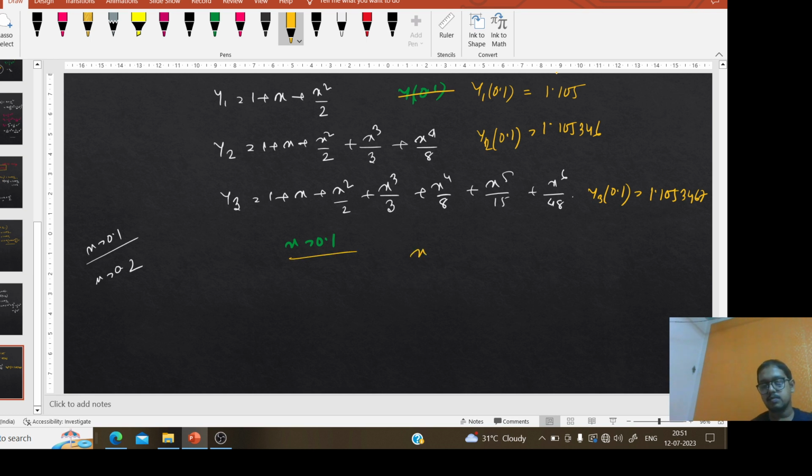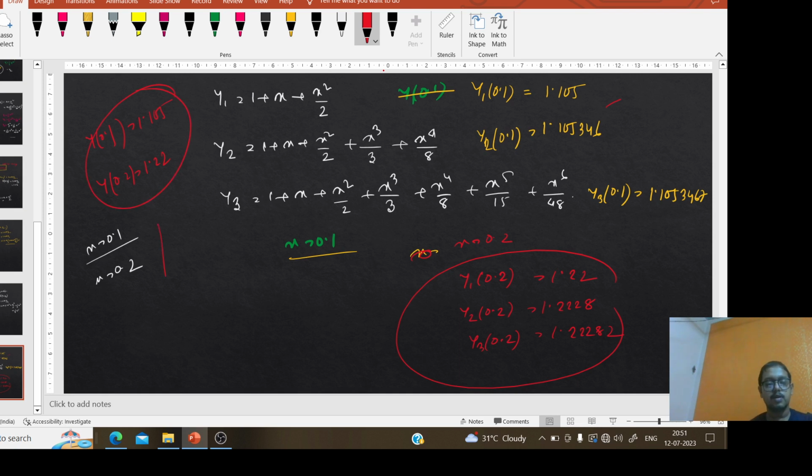At x is equal to 0.2, you will get y1 of 0.2 as 1.22, y2 of 0.2 is 1.2228, and y3 of 0.2 is 1.2228. Now for both cases, if you correct up to 4 decimal places, y of 0.1 is approximately 1.105 and y of 0.2 is 1.22.